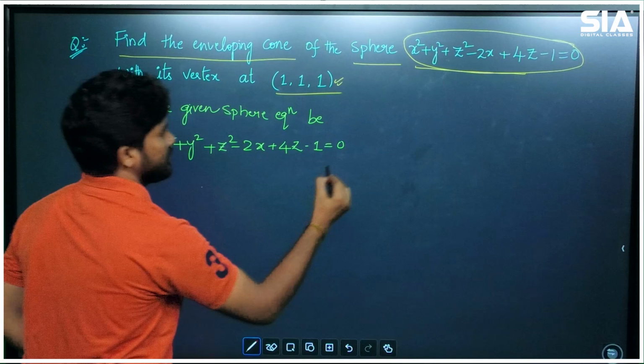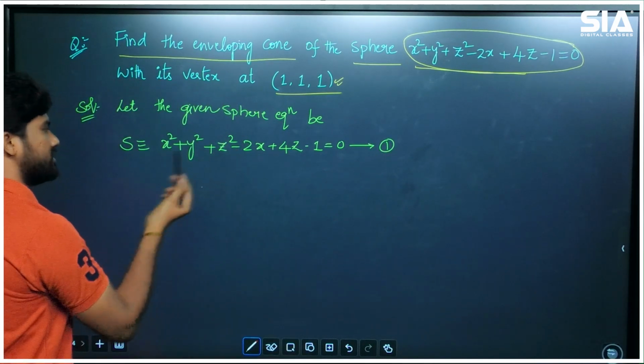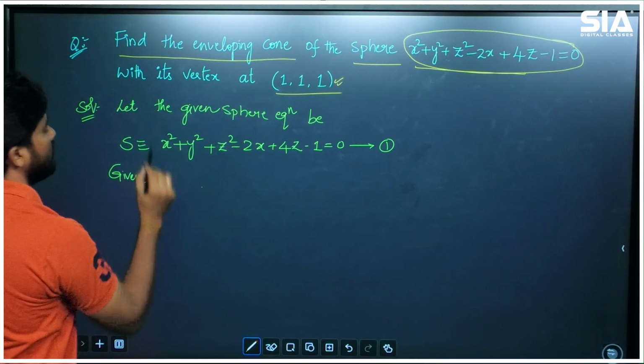Take this as equation number 1. Okay, now for the given sphere, what is the given vertex?